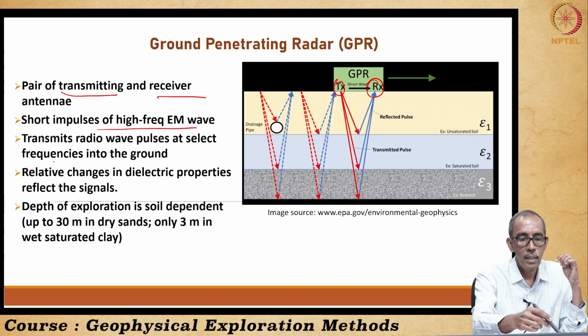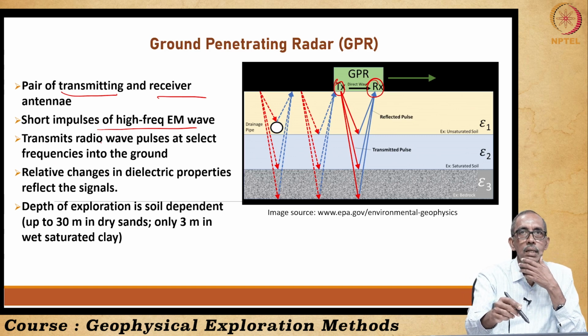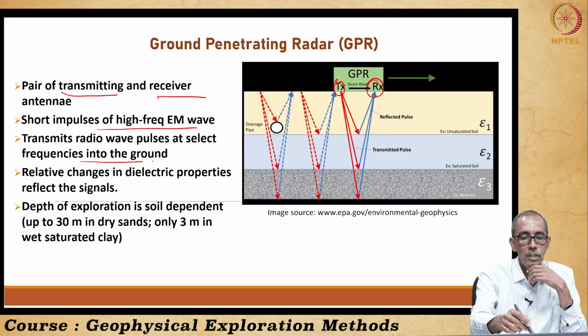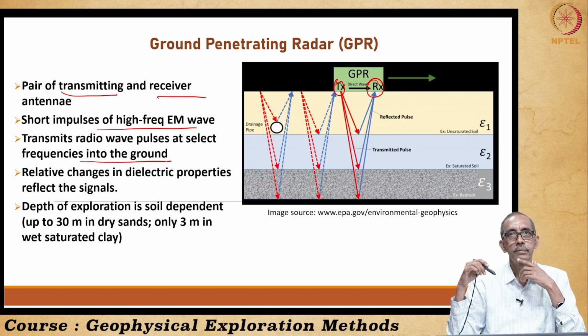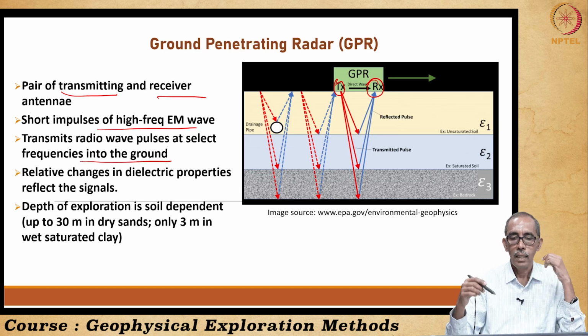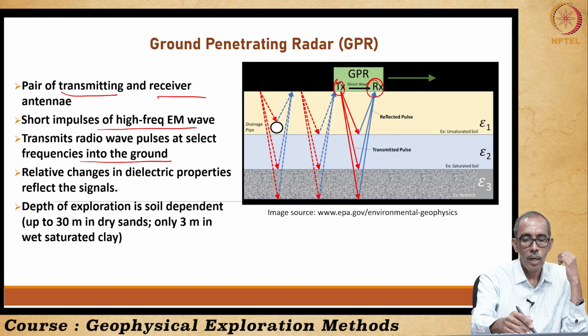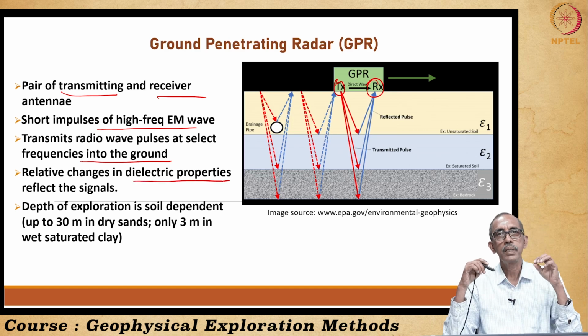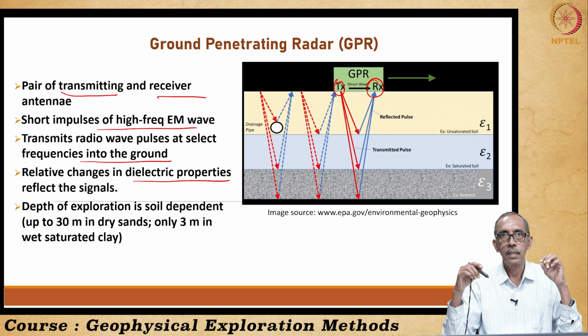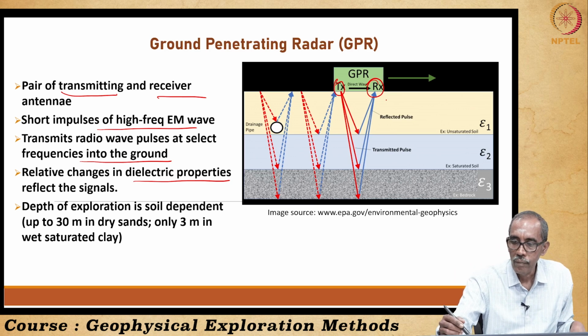So, these transmitted signals are focused onto the ground, right. Changes in the properties of the subsurface, especially the dielectric properties, affect the signals. Here you can see the signals are transmitted, and when they meet a certain interface, they get reflected back.